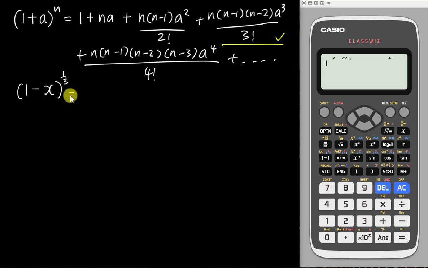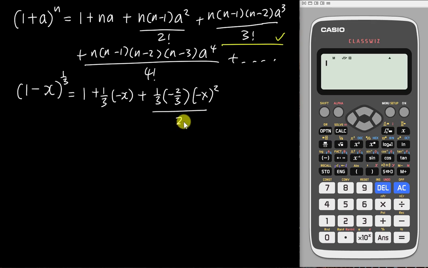So let's do it. The first one is 1 plus, my n is 1 over 3, my a is negative x. Plus 1 over 3, and then n minus 1, 1 over 3 minus 1, you get negative 2 over 3, and then negative x squared, divided by 2 factorial, which is 2.